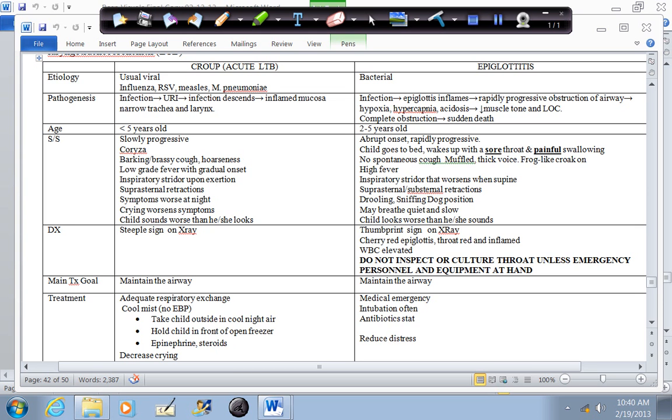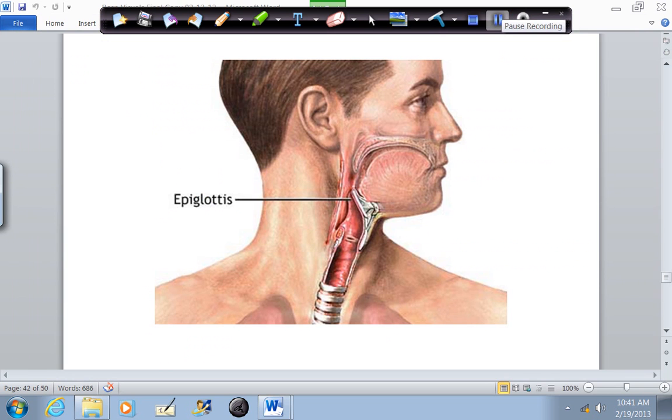So the difference between the two can be seen if we look at a picture of the throat structures. This is a picture of an adult, but let's just pretend it was a child. Here, of course, are the vocal cords. Croup is swelling of the subglottic area down here.